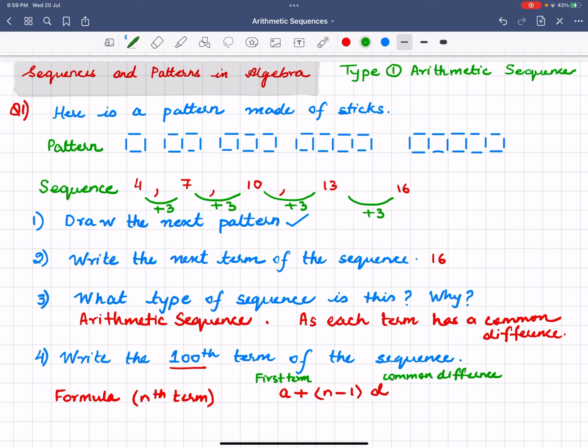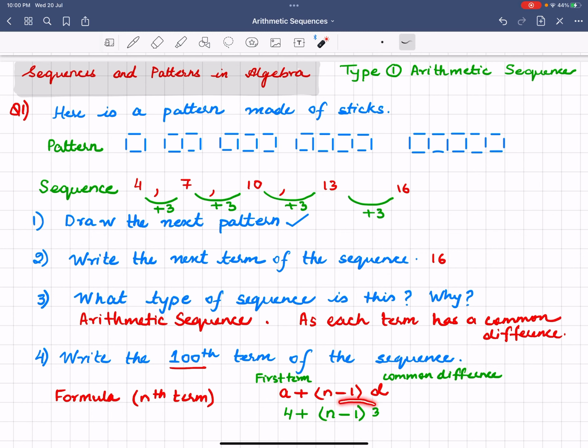We know that we need to replace the a by 4, since a is the first term and the first term is 4, plus n minus 1 will be written as it is. D is the common difference, which is 3. So here we need to add 4 to 3 multiplied by n minus 1. So let's multiply 3 by the bracket n minus 1.